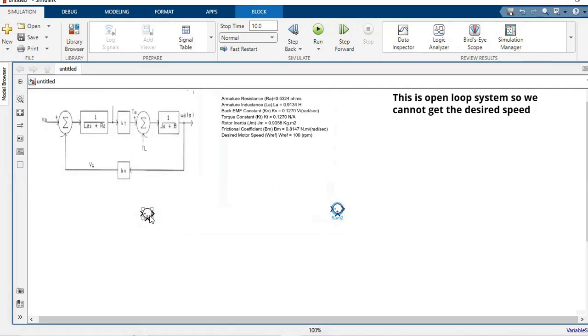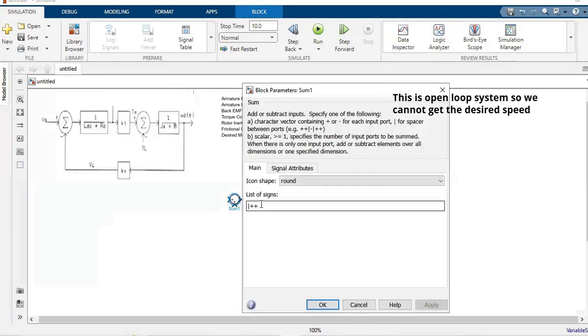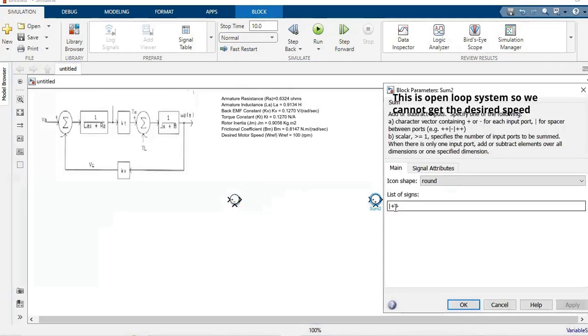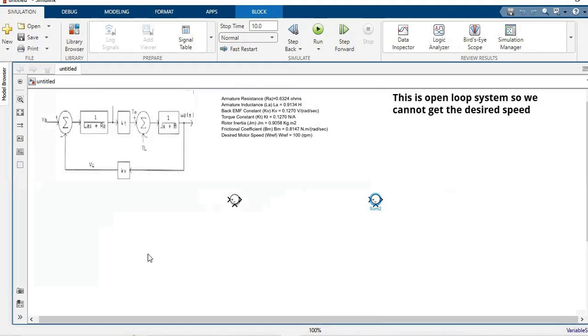So let us drag the summing point to get another summing point. The summing point has one plus and one minus symbol. So let us change the signs as plus and minus.